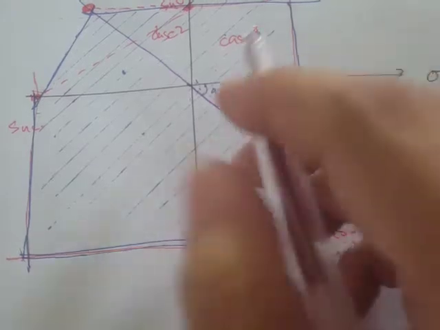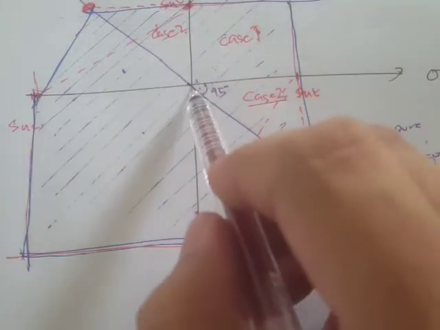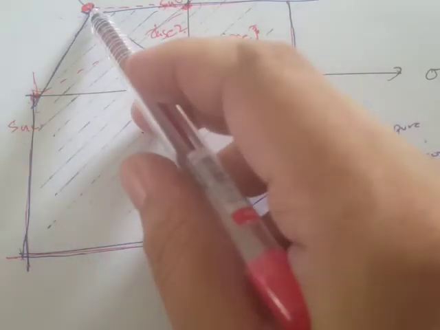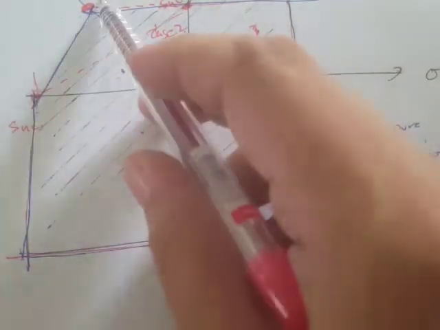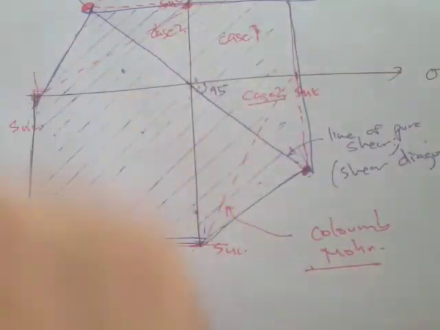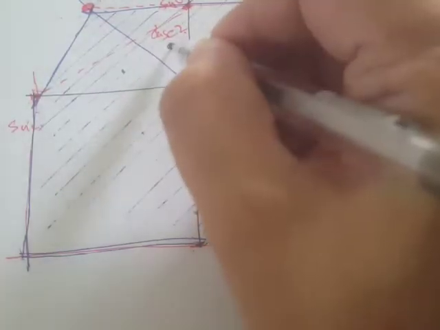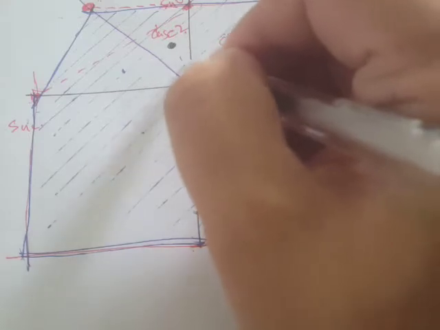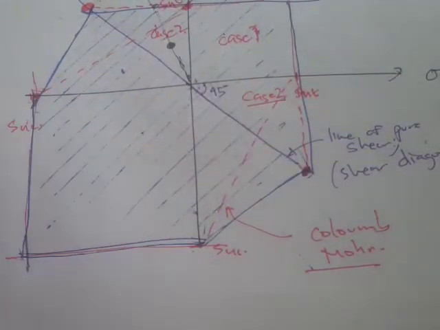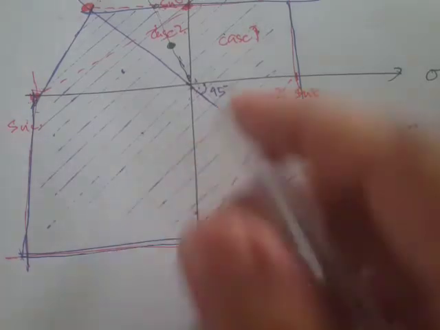Okay, so why is it case 2? Simply because it's not on this diagonal line right here. If the load point is somewhere here, and we project a load line, that's just going to be the same as the maximum normal stress.